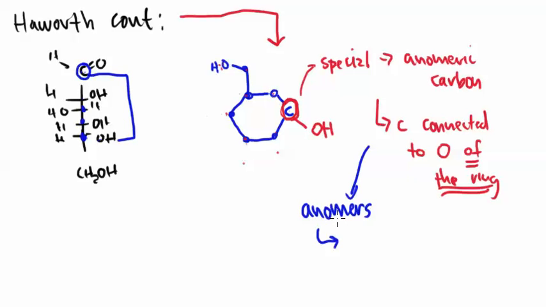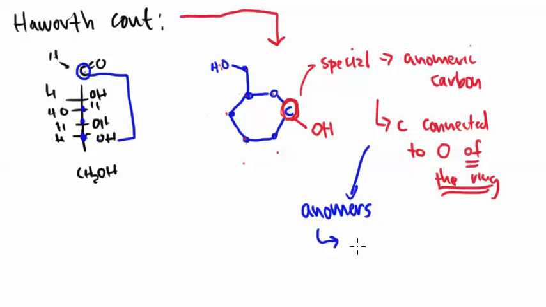Now, if you're careful on the wording, anomer sounds awfully like enantiomer, right? An enantiomer was the R and S form or the D and L form of these sugars or these chiral carbons. And here we have an anomer. It sounds almost identical to an enantiomer, right? So we've got to discuss what an anomer is.